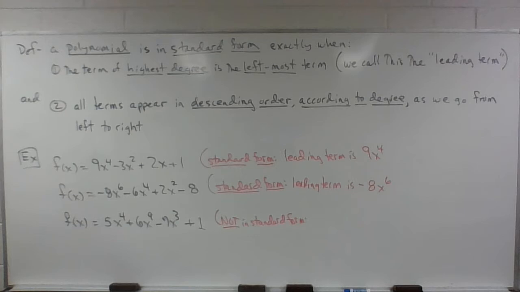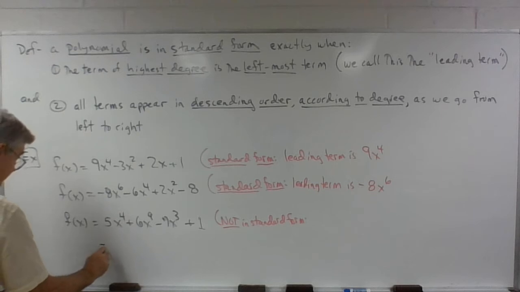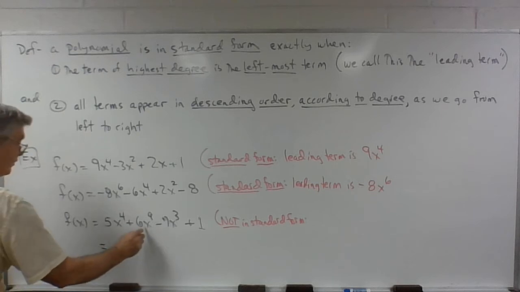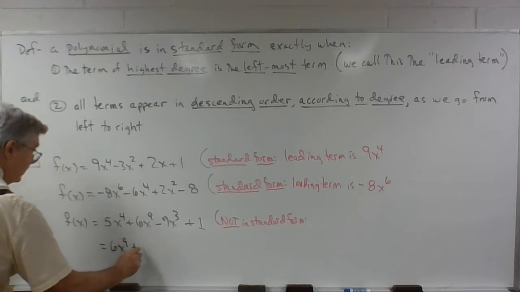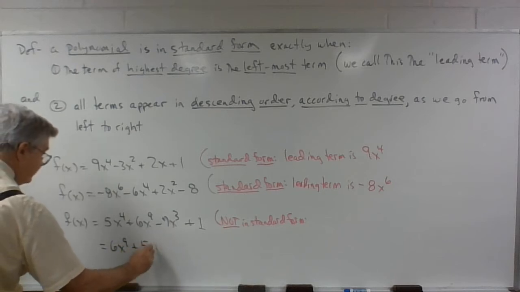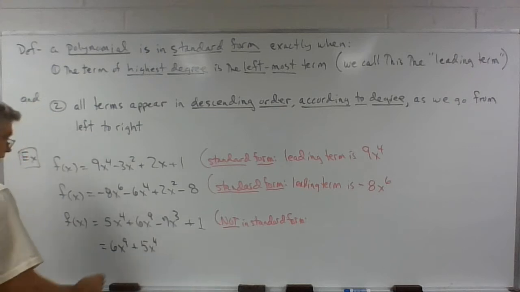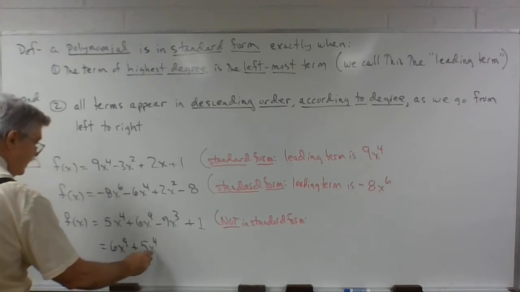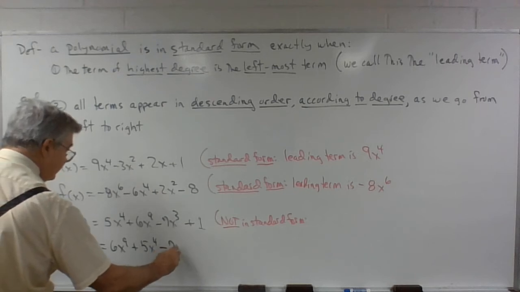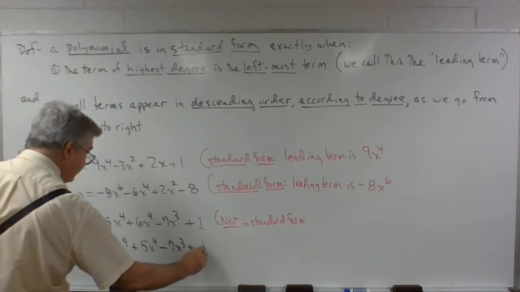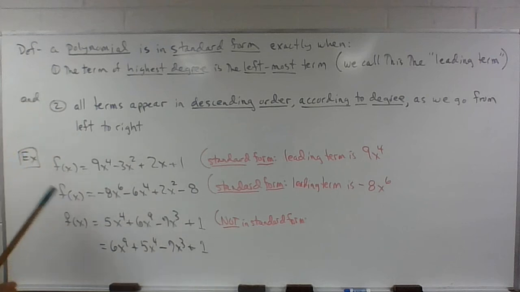Maybe we can rewrite this. Take the term of highest degree and put it first, and then add the rest of the terms going from higher degree, x to the 4th, to lowest degree. I think we have it.